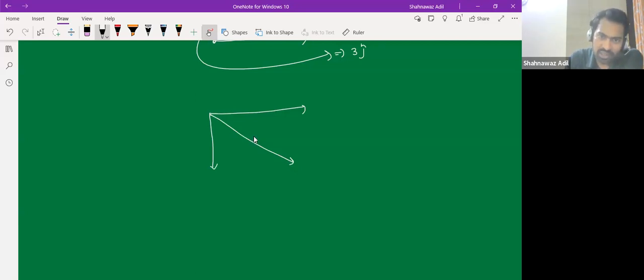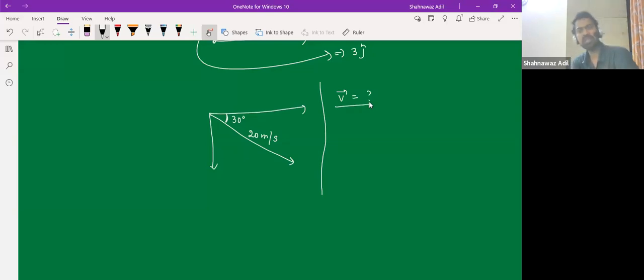Let's say this is 20 meters per second. This is the magnitude and the angle is 30 degrees. So you guys tell me what is this velocity v? Quickly calculate and tell me. This is x and this is y.